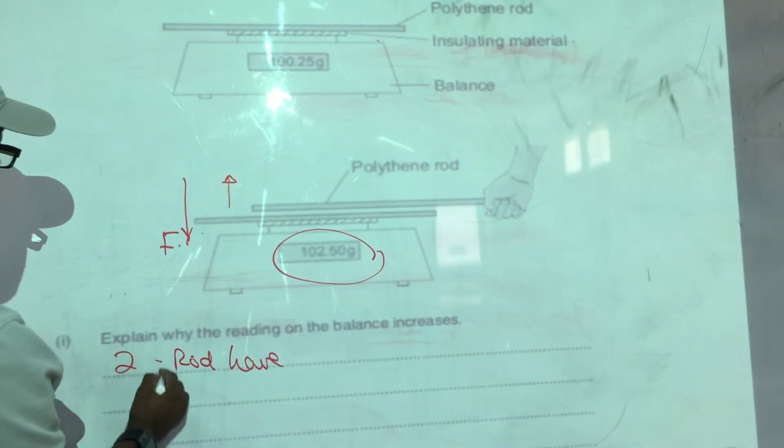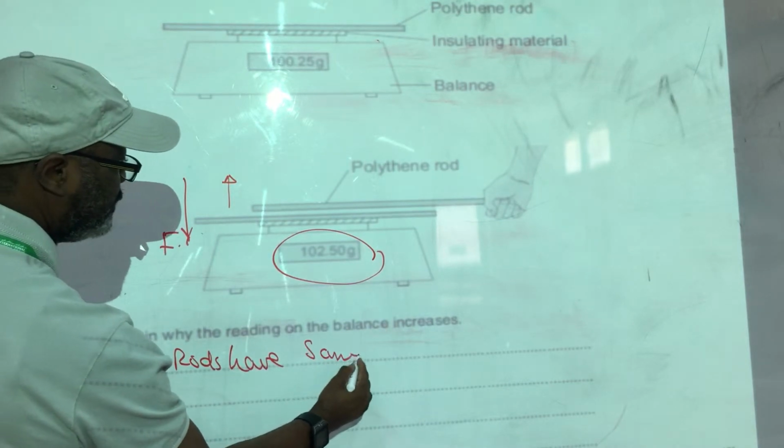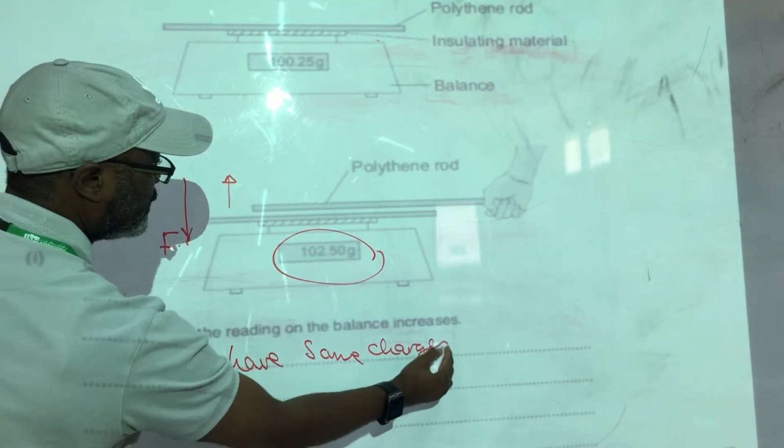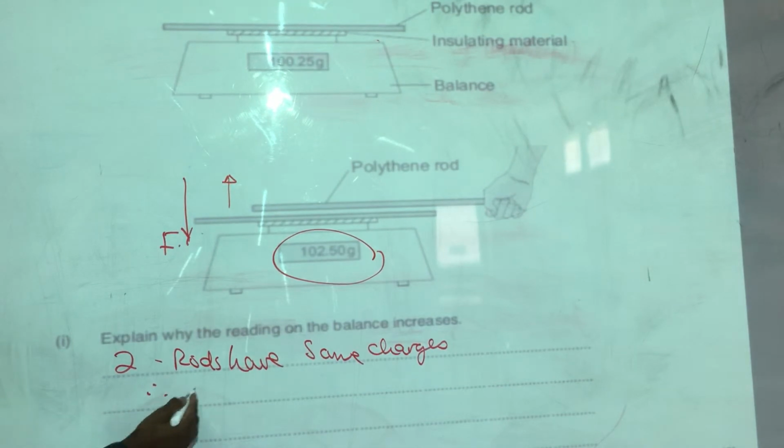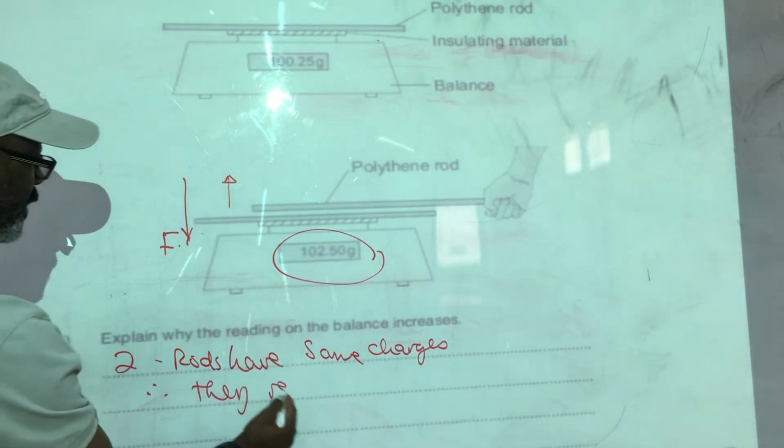So we can then say, the 2 rods have same charges, therefore they repel each other.